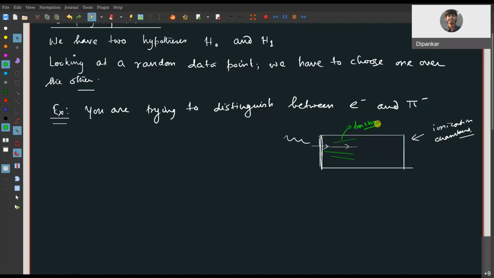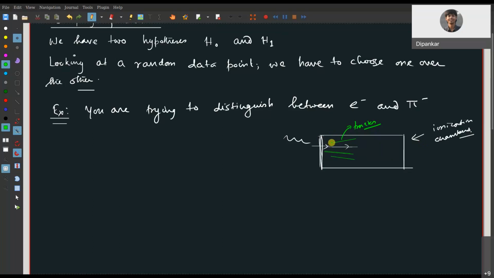Now, what does this track depend on? This track depends on the initial energy of the ionizing particle. If the energy of the incident particle is above a certain threshold, it will start to ionize. It is continuously colliding with the gas molecules, and as long as it has not lost its energy beyond the point where it fails to ionize the gas any further, it will continue to ionize.